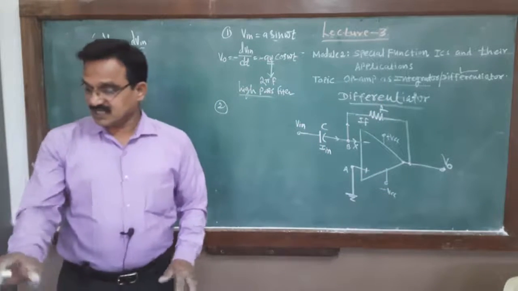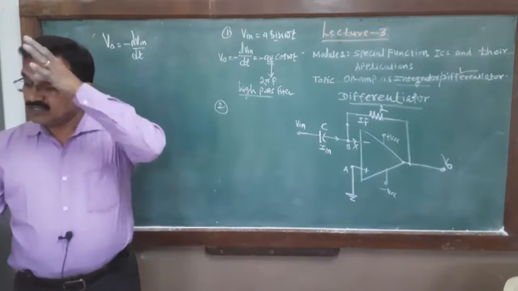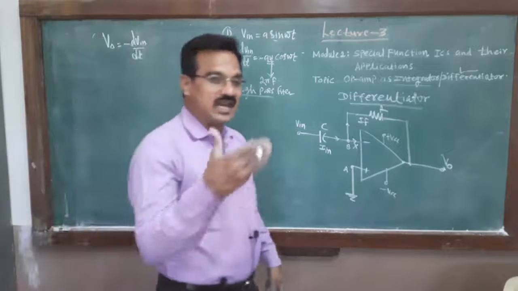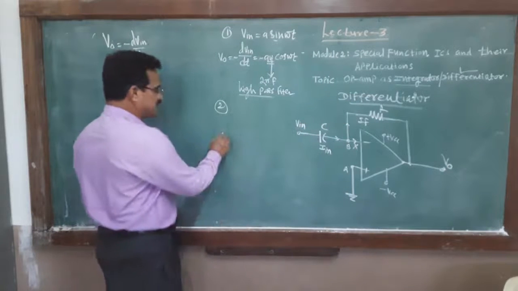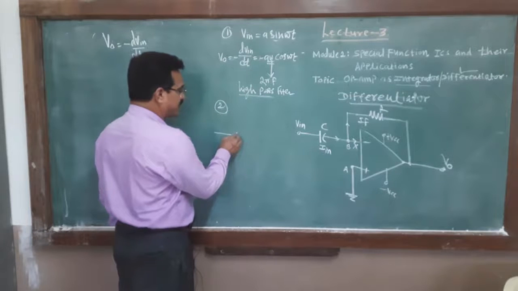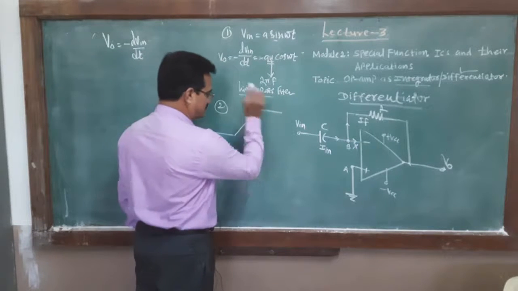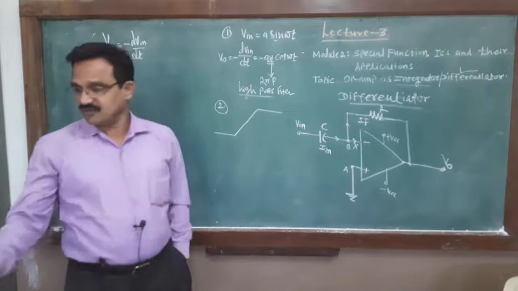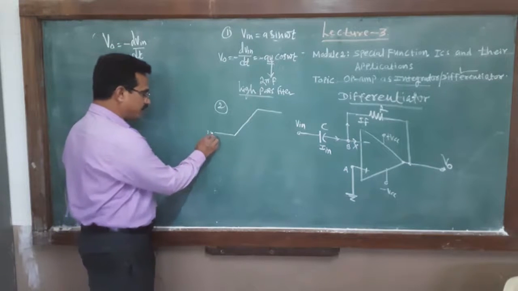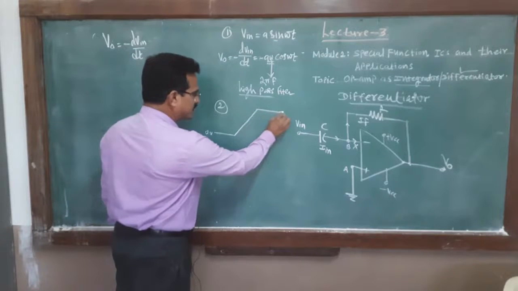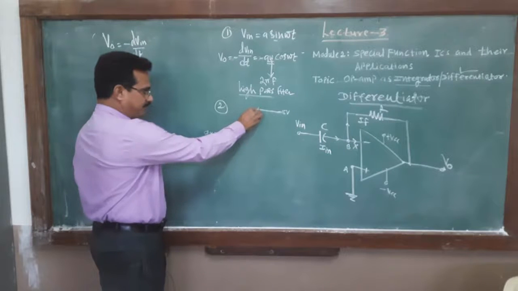Again, after considering this, suppose the input is a ramp voltage. Ramp voltage means here is 0, ramp means linearly increasing, and then this is a constant. Suppose this is the input. Here is 0 volt, and suppose here is 5 volt, and this is a ramp.